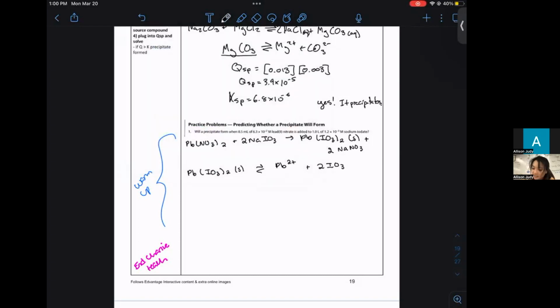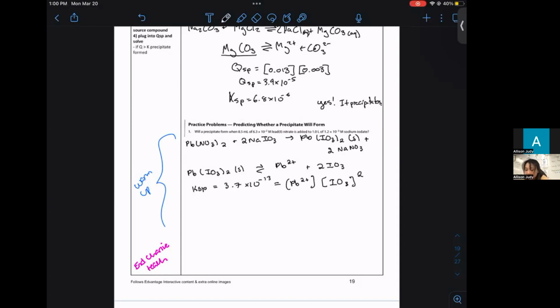So your KSP is equal to 3.7 times 10 to the negative 13, which is equal to your KSP expression, the concentration of lead times the concentration of IO3 raised to the second. Or, sorry, I was looking at the third.